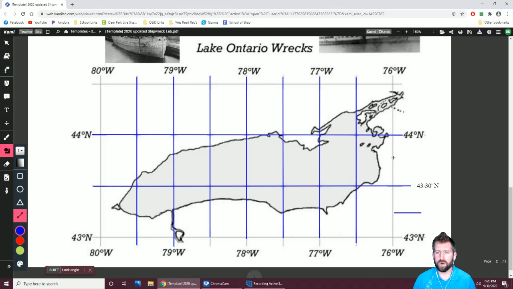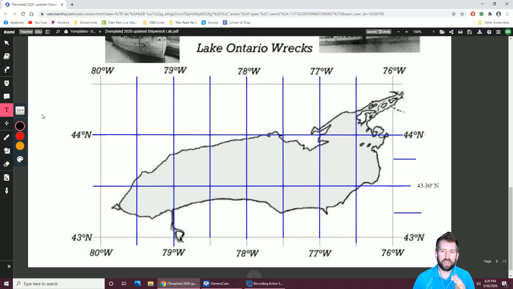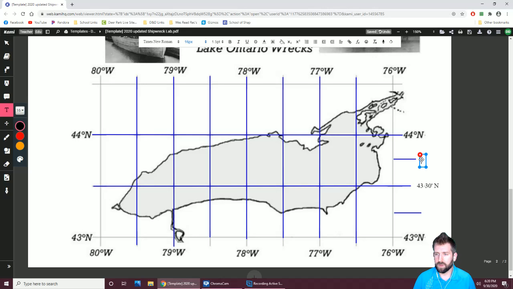The reason we're doing this is because it's going to be easier to work with the different data points if we know exactly, or at least pretty exactly, where the values are going to end up in the box. So this would be 43 degrees and 45 minutes north. This is 43 degrees and 15 minutes north.